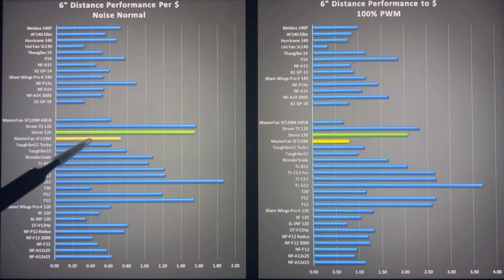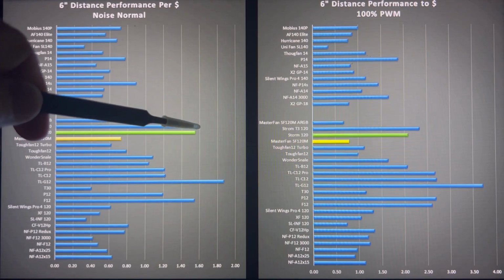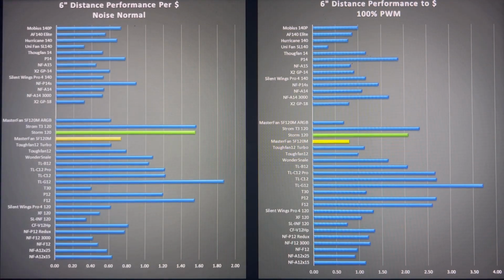So I've highlighted the fans that are applicable to this, and then I've added in the two other ones that are the equivalent fans, just like the T3 thicker one or RGB version. So the Storm is an excellent value in my case airflow test. And that comes down to its lower price. But one thing to note is that its mean time between failure, so its lifespan, is shorter.